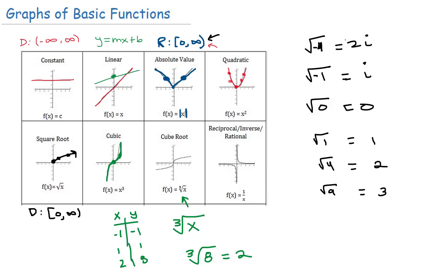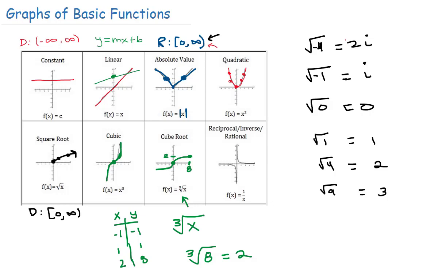So if we input 8, the output is 2. So if this is 8 for x, then y is 2. And so it's like a river shape, just like the cubic function, but it's turned sideways. This one also has symmetry about the origin, so this is also odd.